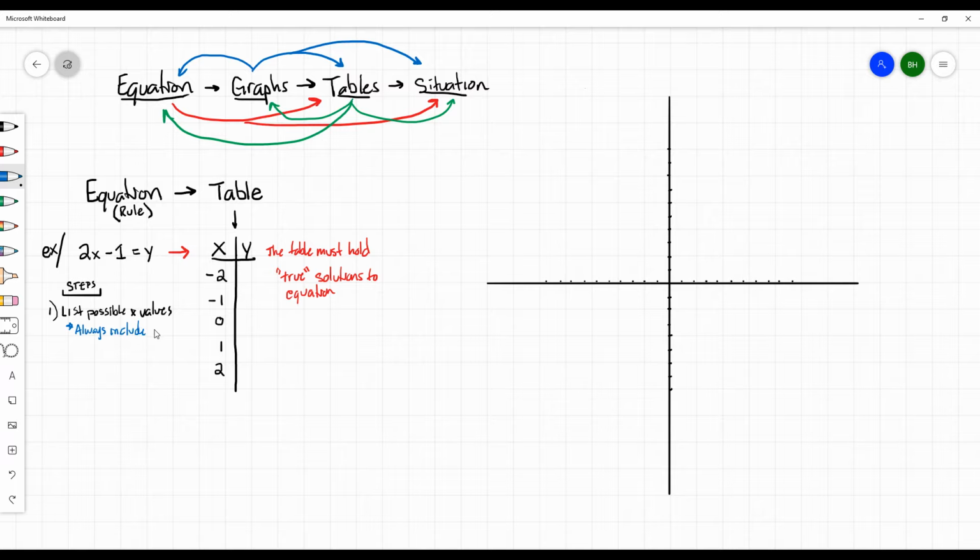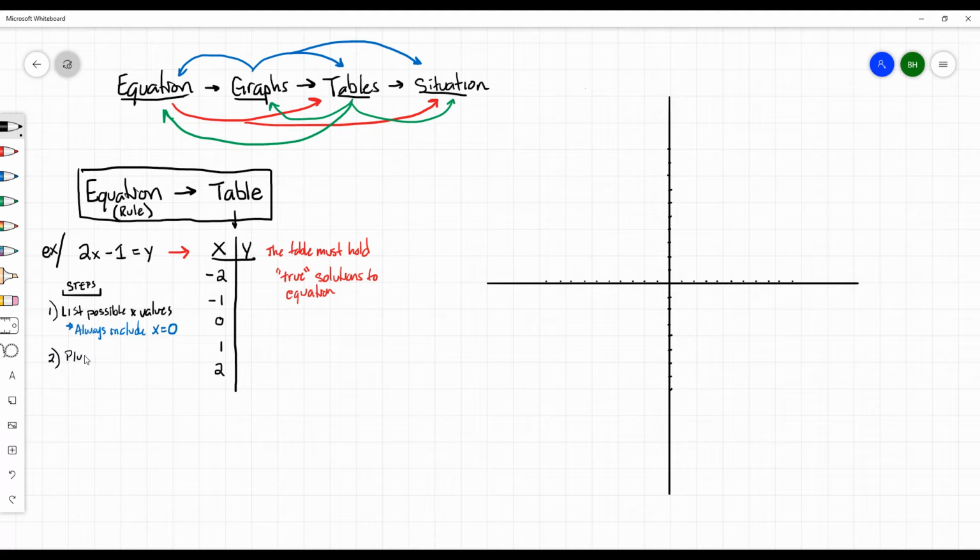And more specifically, we always include x equals 0. We'll go over why that's important when we get to the graphing stage. But right now, we're just going to focus on turning equations into a table. Once you have those values listed, you can proceed to the second step.